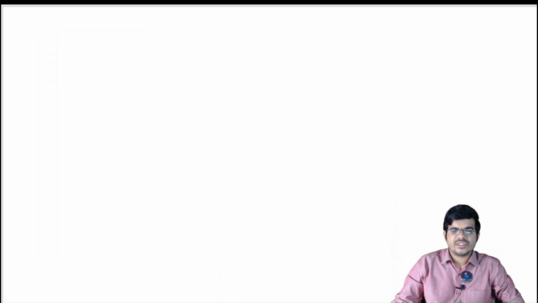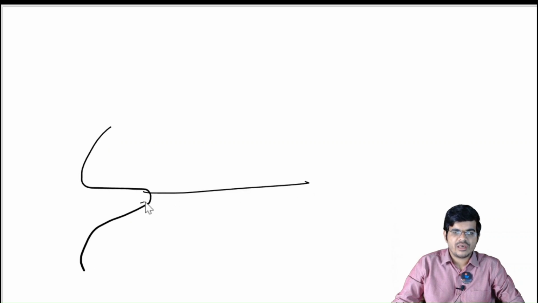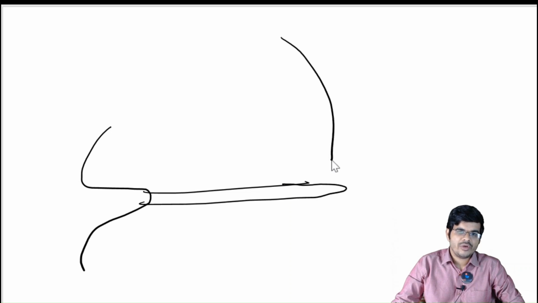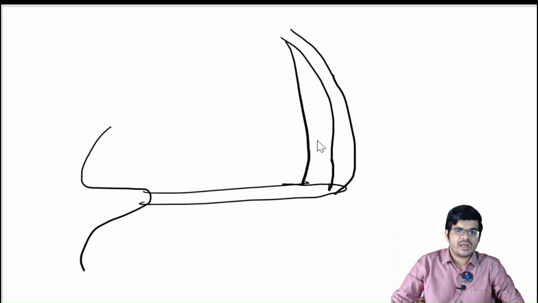Now, how is this organ of Corti arranged? As I already told you, there is osseous spiral lamina. From the osseous spiral lamina comes the basilar membrane, and you have the spiral ligament here, right? Here you have the spiral ligament, and medial to the spiral ligament you have the stria vascularis.